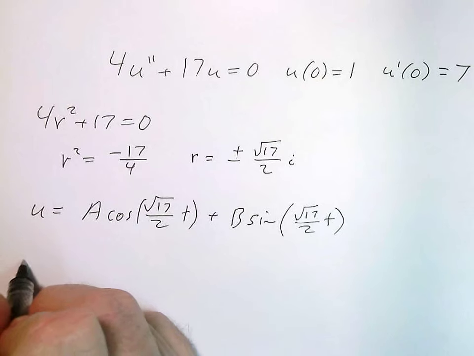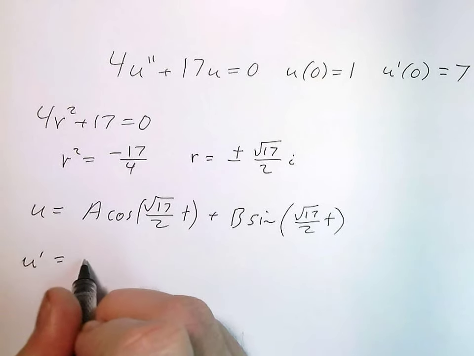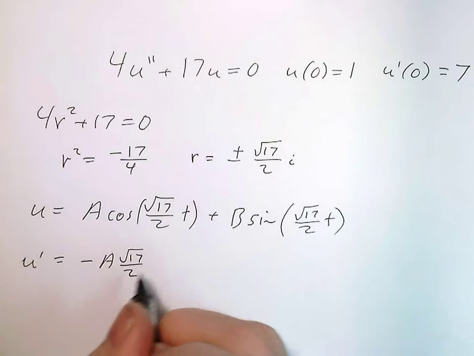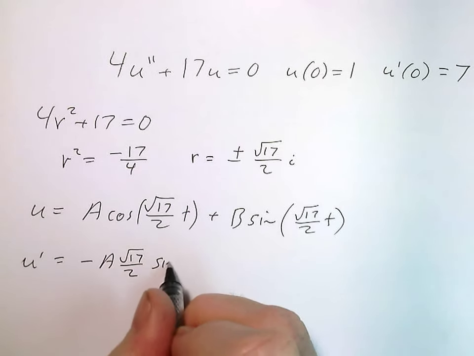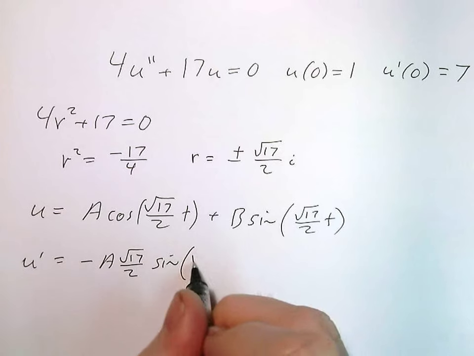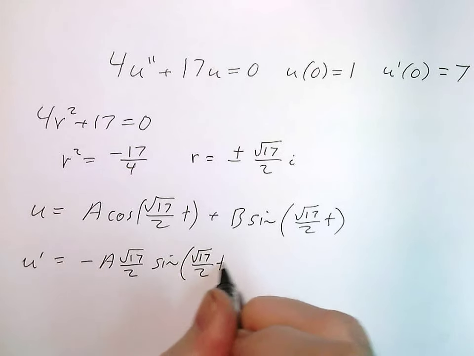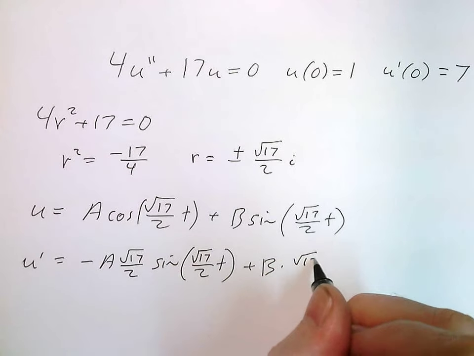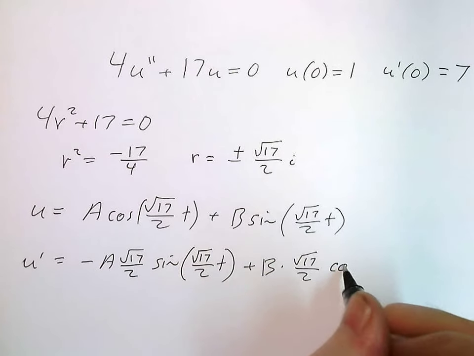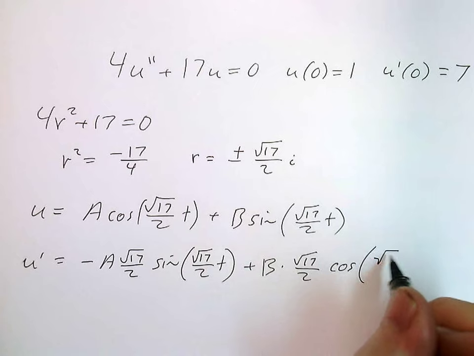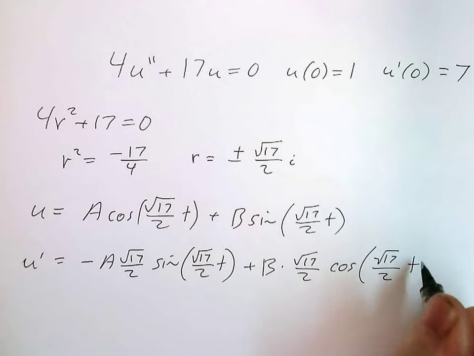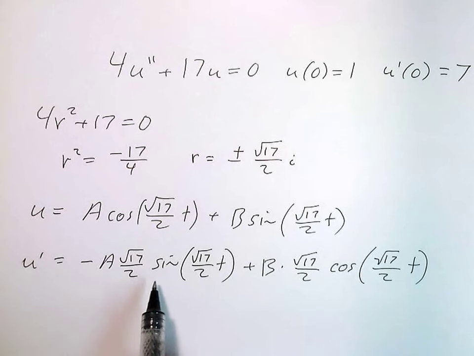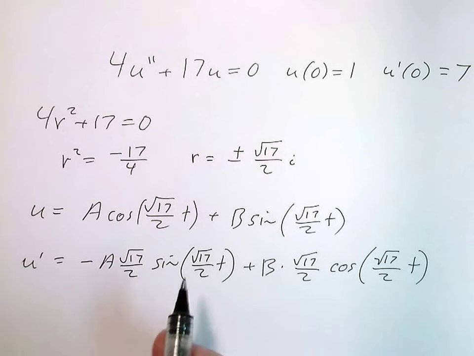And our u prime then is going to be negative a square root of 17 over 2 sine of square root of 17 over 2t plus b times square root of 17 over 2 cosine of square root of 17 over 2t. So here these square roots of 17 over 2 are coming out of here from the chain rule.